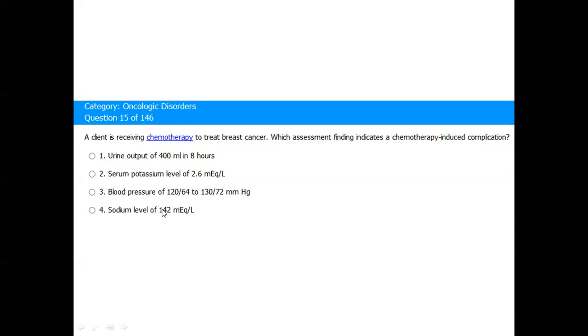This 142 is in between the normal range. The normal range is 135 to 145. So it is nothing abnormal. So number two is the answer of choice. And let me read their explanation.